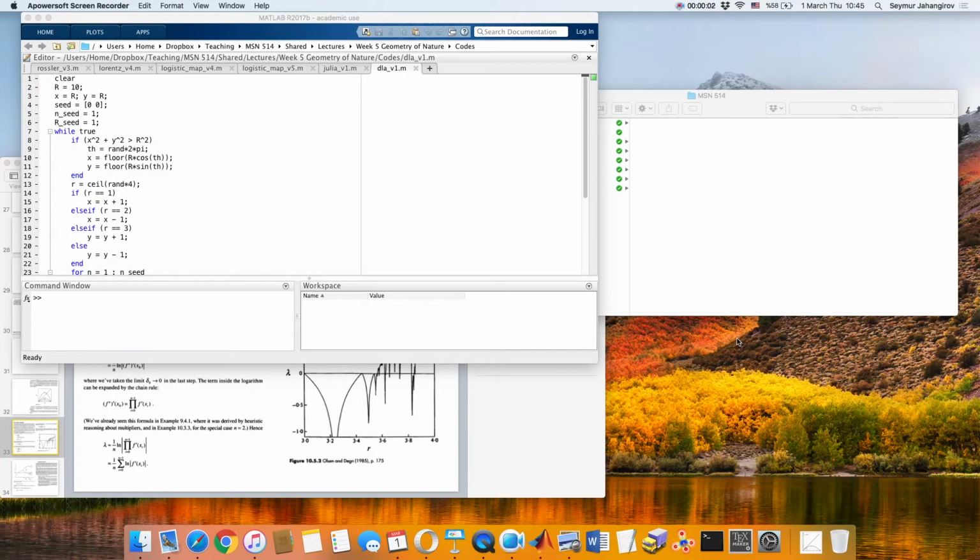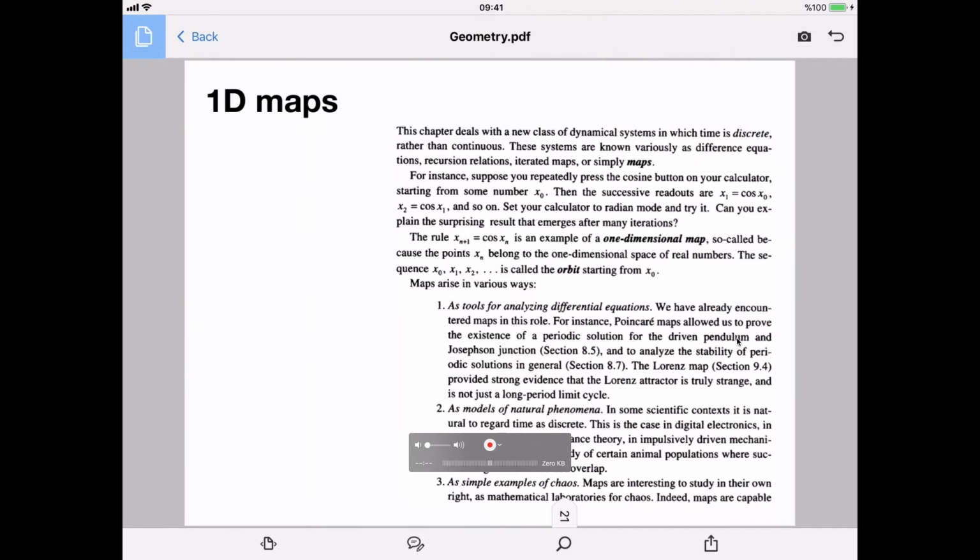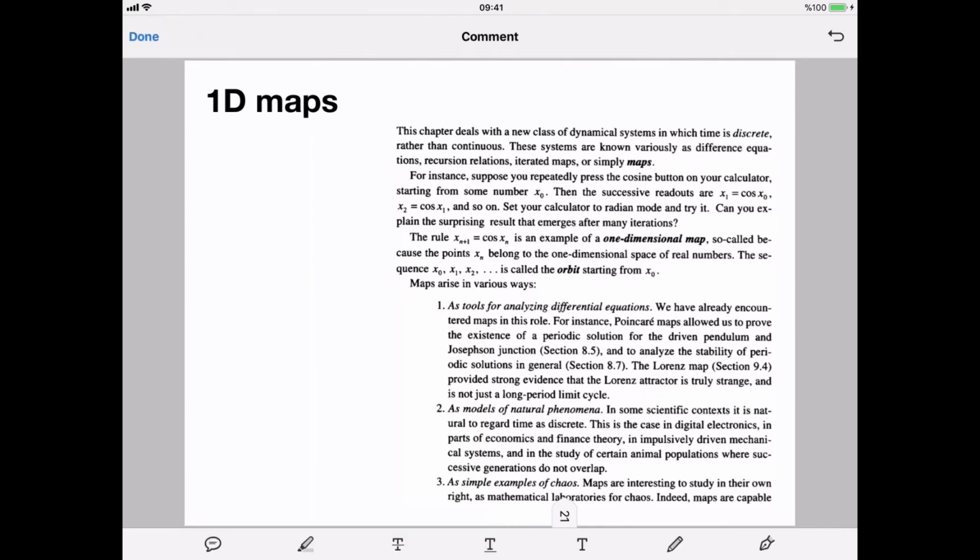Okay, today we start with 1D maps. Remember what they were? Yes, exactly. We already encountered one 1D map, in the Rössler attractor.